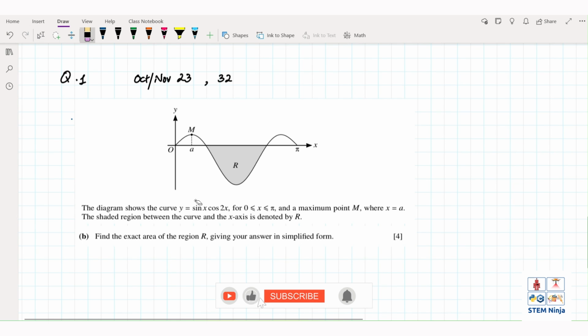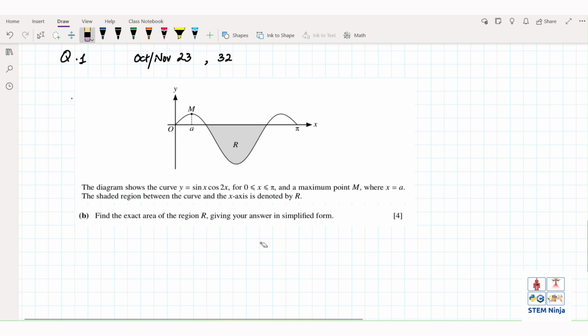The diagram shows the curve y is equal to sine x times cos 2x for 0 to pi and maximum point M, where x is equal to a. The shaded region between the curve and the x-axis is denoted by R. Now, this is the B part of this question. The A part was finding the a. B part is find the exact area of region R, giving your answer in simplified form.